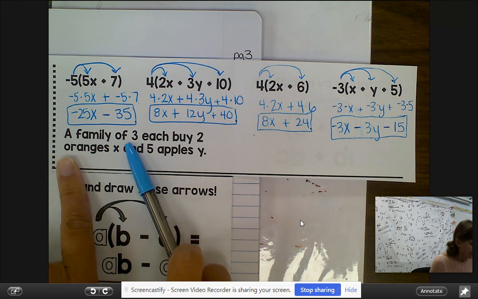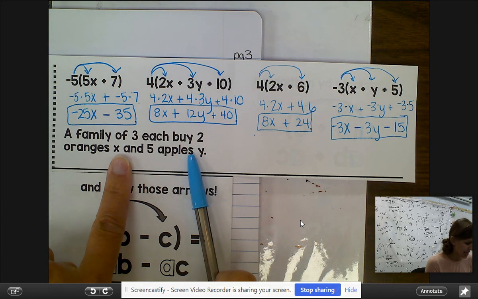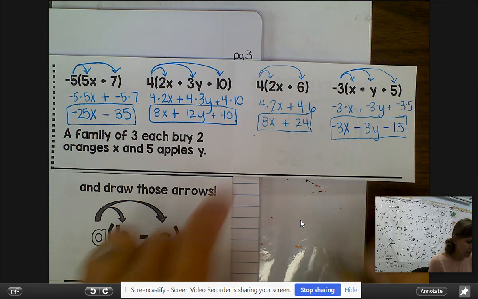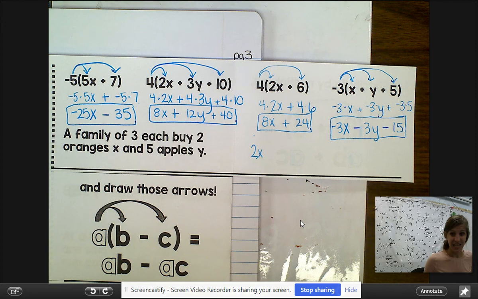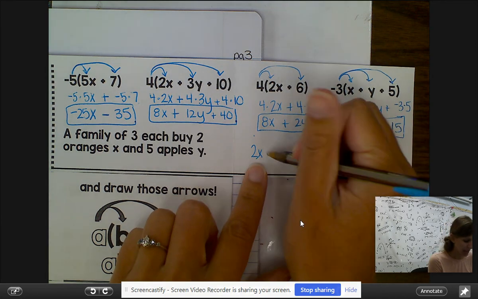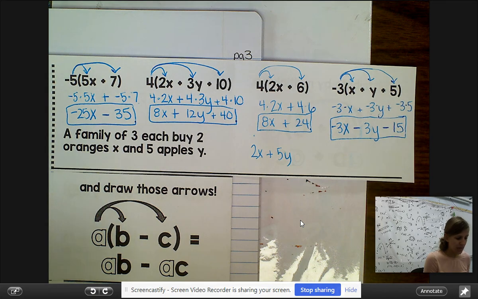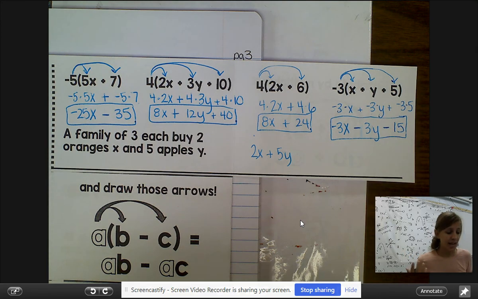So a family of 3 each buy 2 oranges, x, and 5 apples, y. So we have this 2x, and "and" is a really good plus word, 5y. So we have 2x oranges and 5y apples, and then we have a family of 3 each buying them.